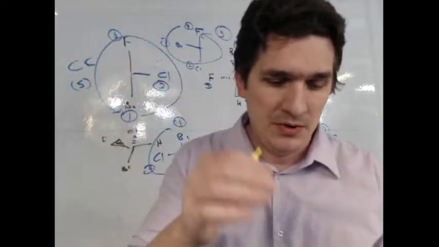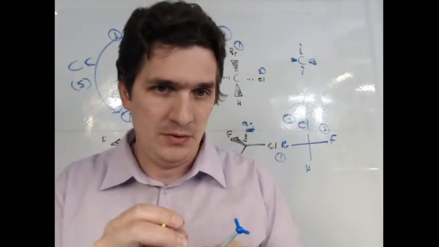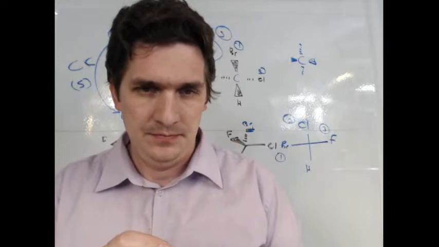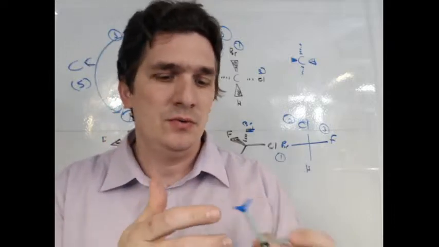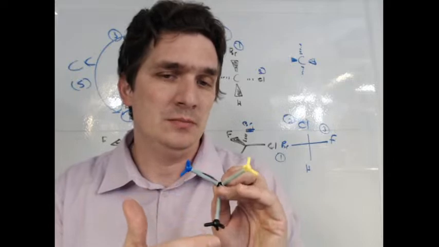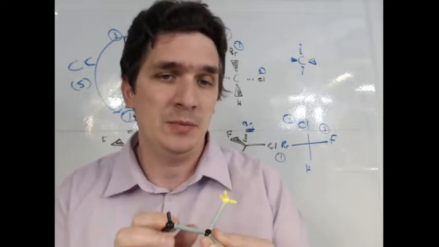Since fluorine is yellow in the picture, we'll make this fluorine. Actually, no, so that I'll remember it: fluorine, chlorine, bromine. And this little happy one will be hydrogen.